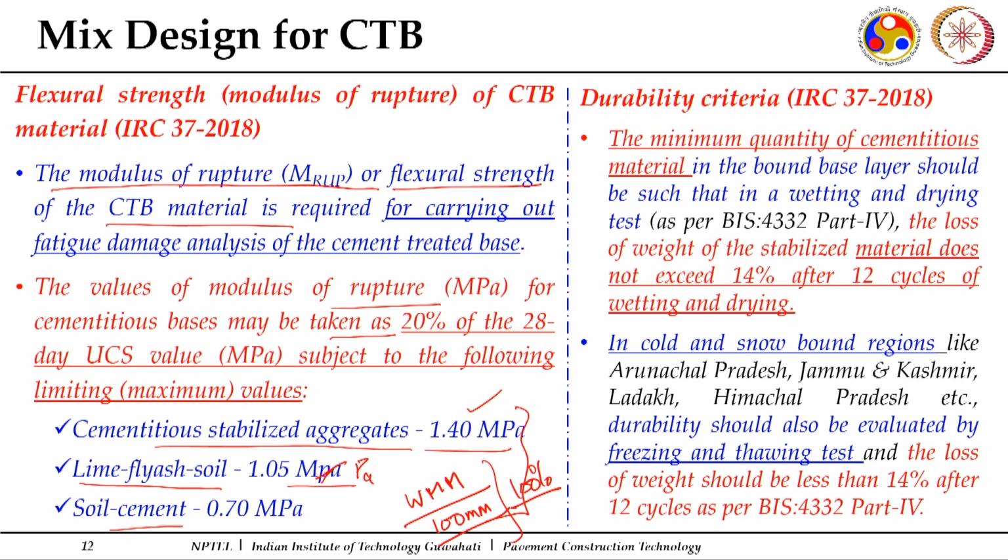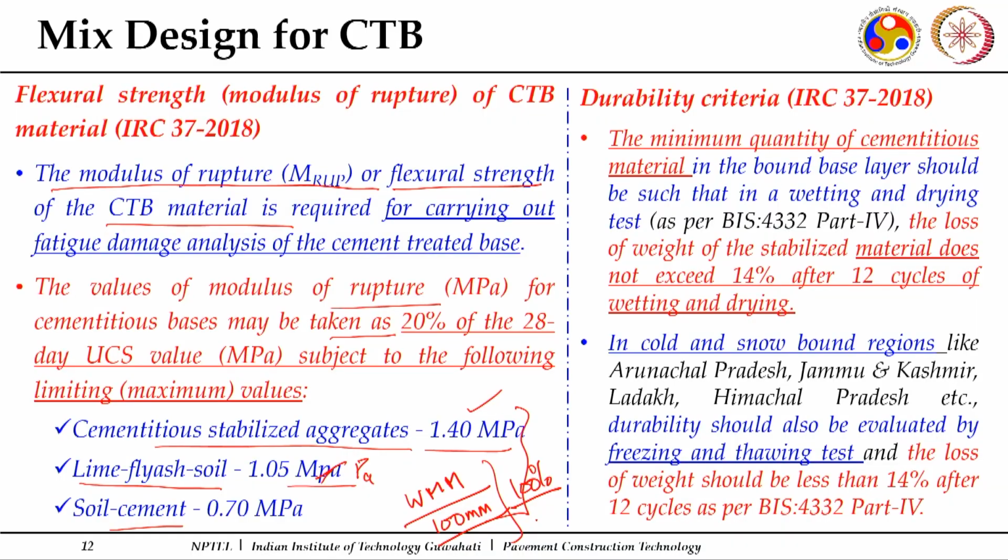In some cases, instead of this aggregate interlayer, they put a stress absorbing membrane interlayer, where you put a layer of modified binder over the surface, followed with some stone chips, and then you go for the construction of bituminous mixes. In the stress absorbing membrane interlayer, only binder with some key aggregates is applied, so that is not considered as a structural component.